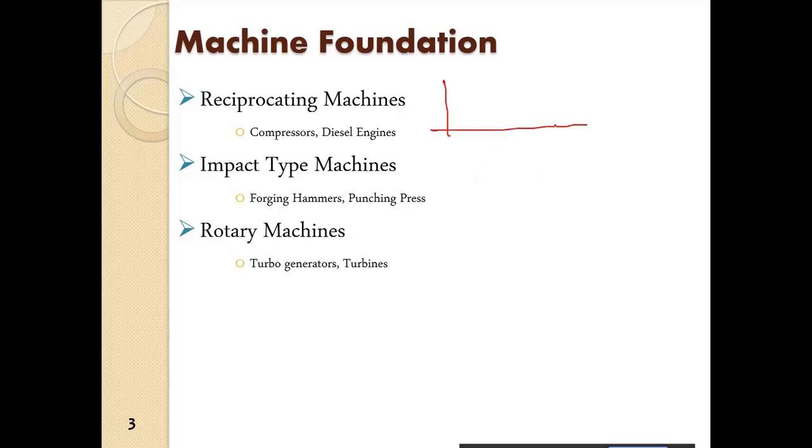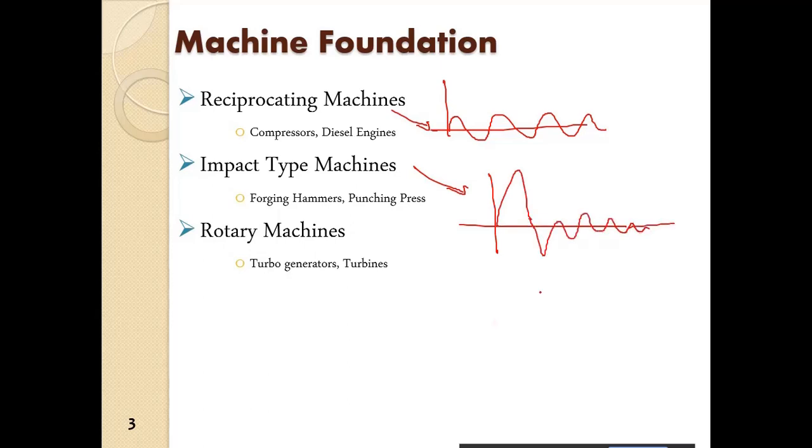So for the loading conditions of the two, we can approximate the reciprocating machines to be of sinusoidal nature, while in the impact type, suddenly there is an impact and then there is the response of the soil and it stops. Then again suddenly there is an impact, a response of the soil, and it stops.